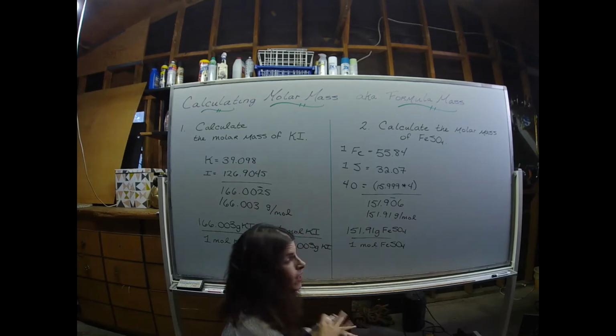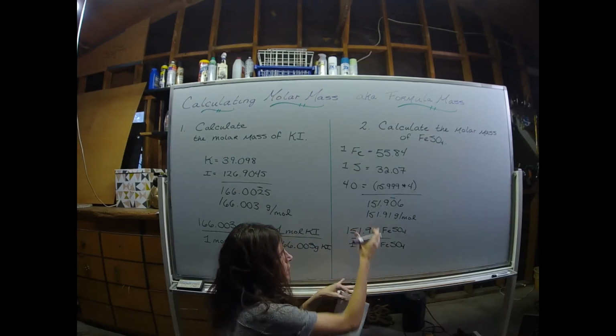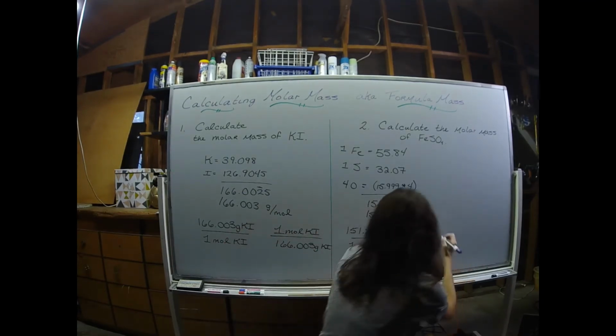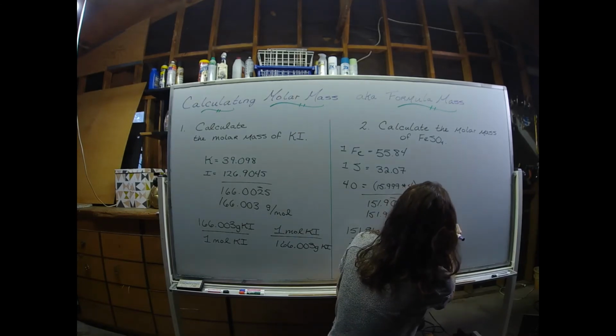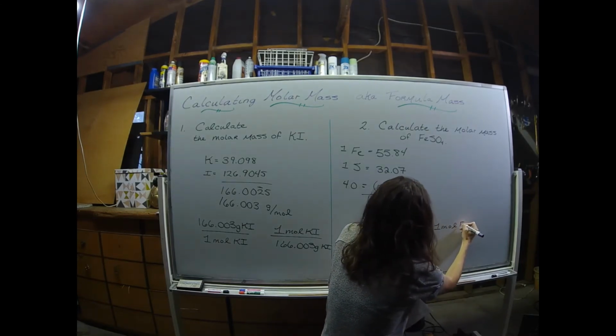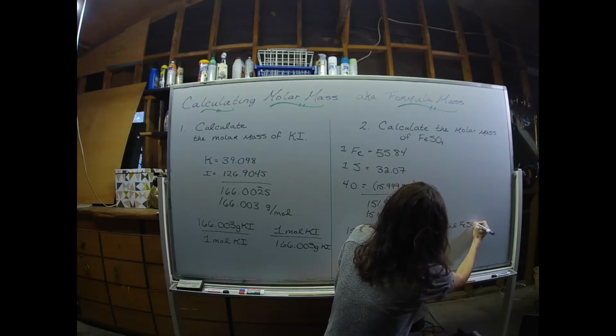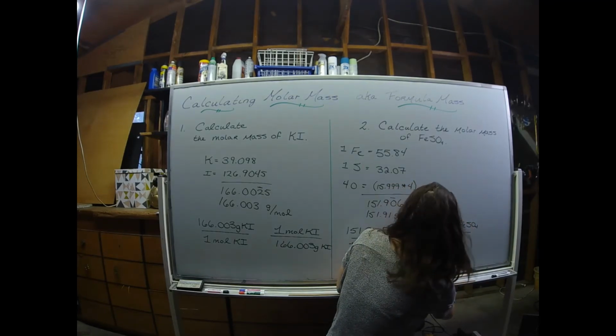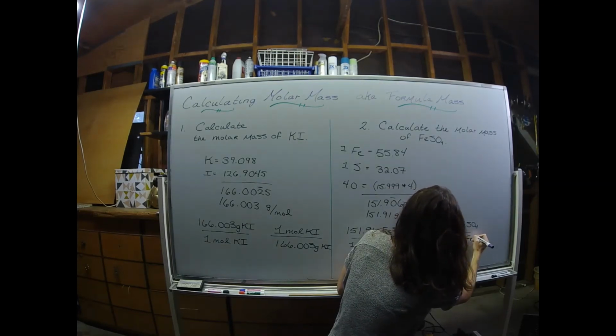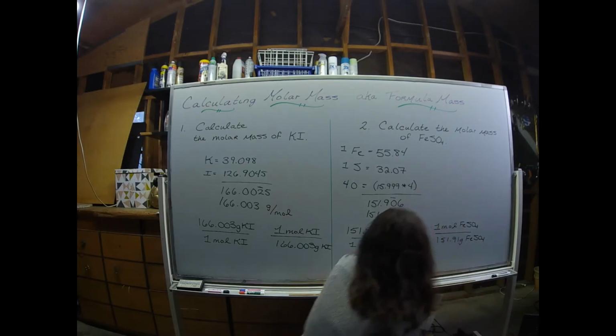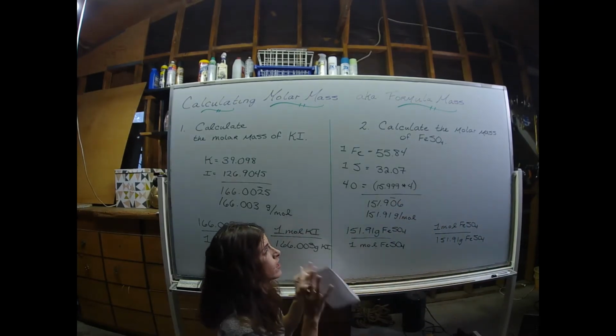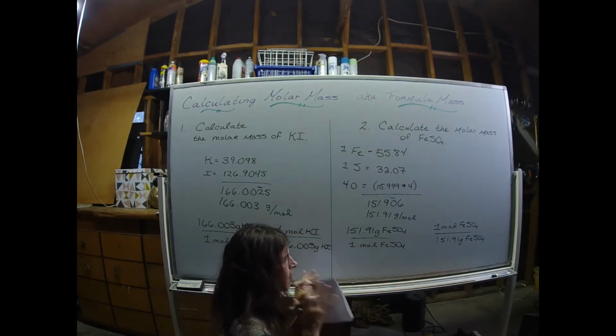Or we can flip this relationship and say 1 mole of iron sulfate has 151.91 grams of iron sulfate. And both versions of this are going to come in super handy very shortly here.